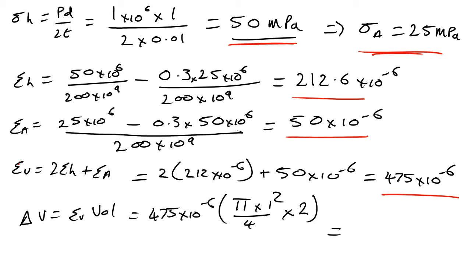And if you put the numbers in there, it should come to 746 times 10 to the minus 6 meters cubed. Or in millimeters, it's 746 times 10 to the 3 millimeters cubed.